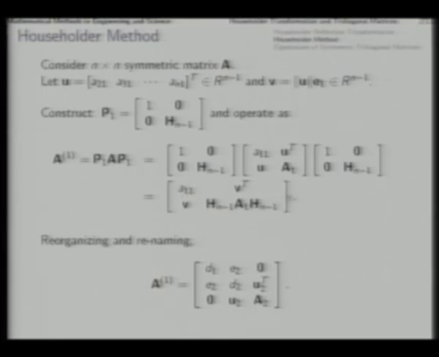See, in the whole process A11 has remained unchanged, A11 has not been operated upon by anything, because the first column and first row of P1 is same as identity. So, A11 has been left unchanged.